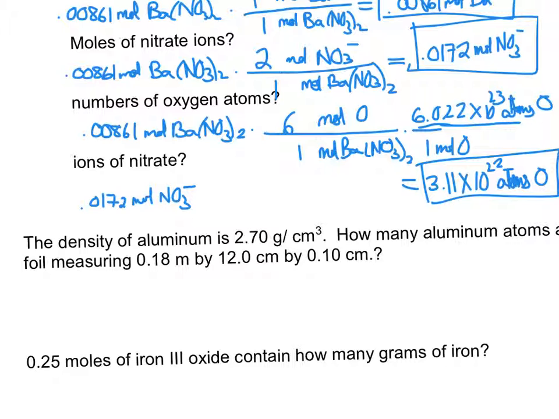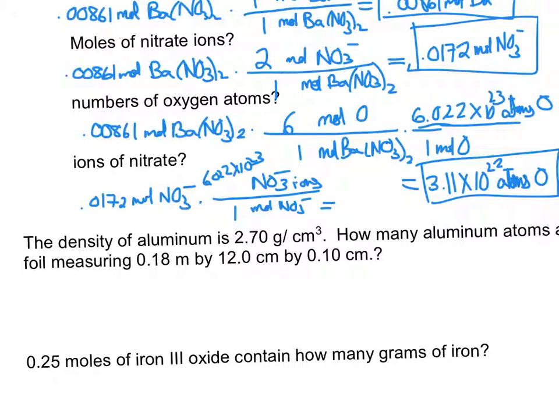To me, that's just the easiest way to do it, but you can start anywhere really. On the bottom, I'll put moles of nitrate ions. On top, I will put NO3 minus ions. And for every 1 mole of nitrate, I have 6.022 times 10 to the 23rd ions.